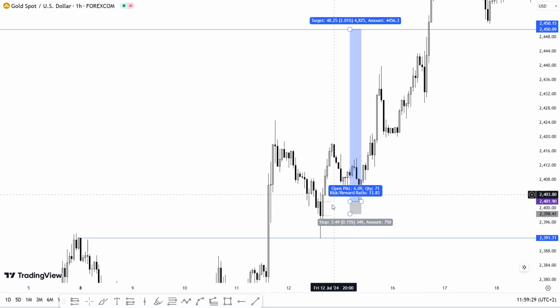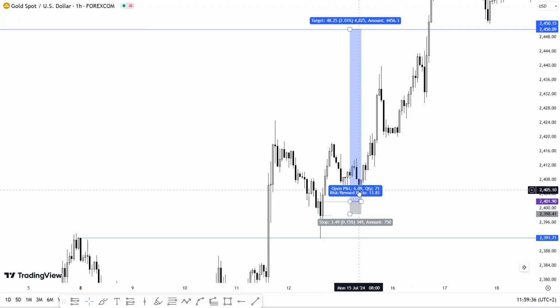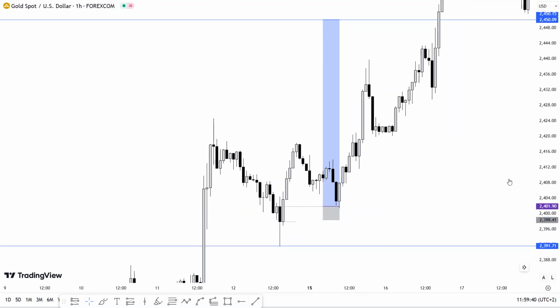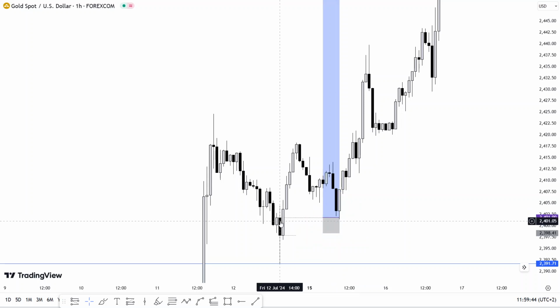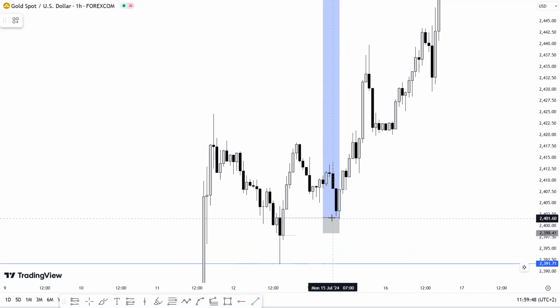So right now, in continuation of that move, let's say that you missed out on this trade, and you're still on the hourly chart. You can see that this 1 hour rejected this 1 hour support, created a new 1 hour support right here, and then a new 1 hour support right here.